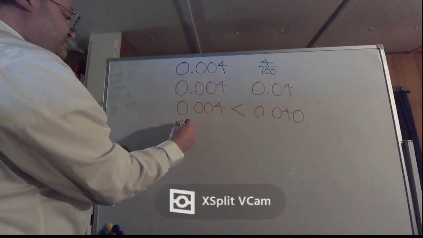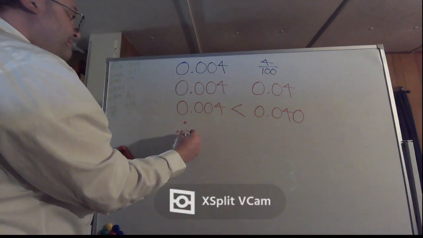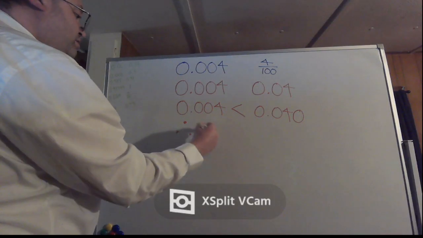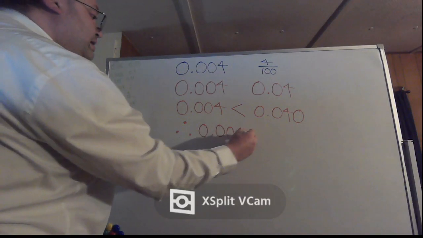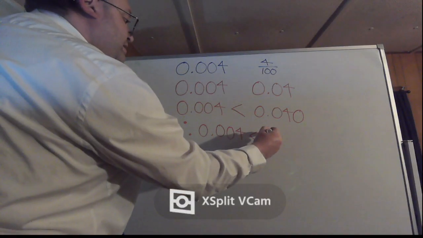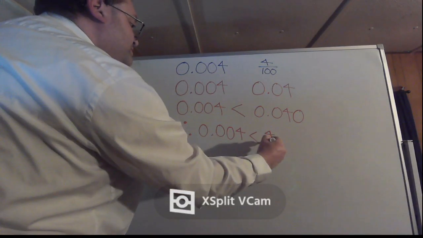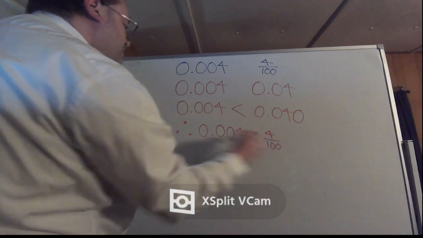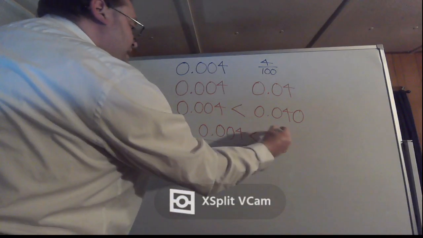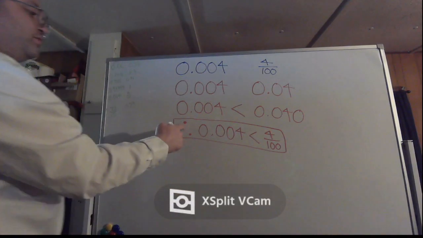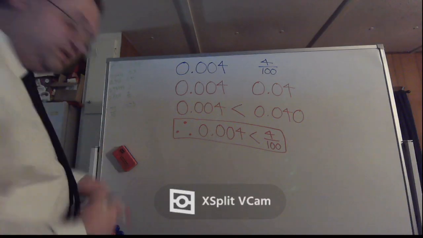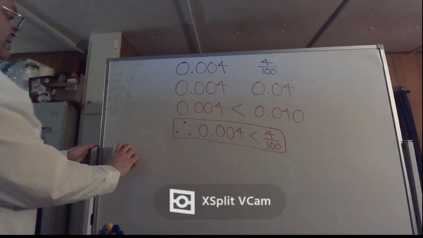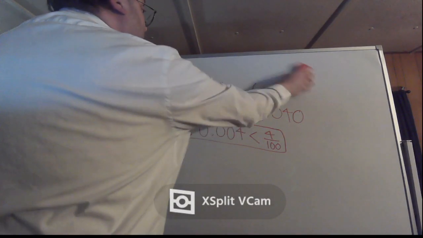So we would say, therefore, 0.004 is less than 4 hundredths. And that would be how we would write our answer. Therefore, 0.004 is less than 4 hundredths. Got one more problem here.